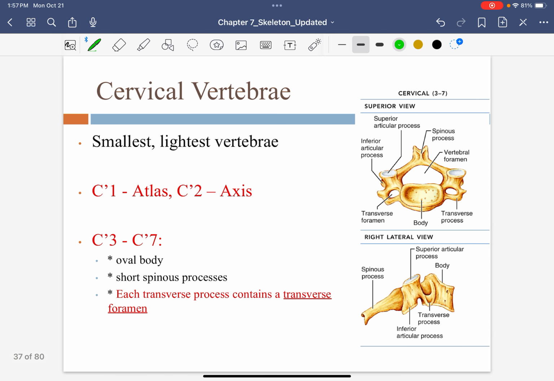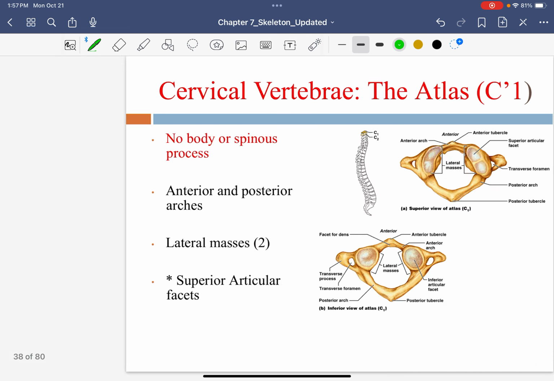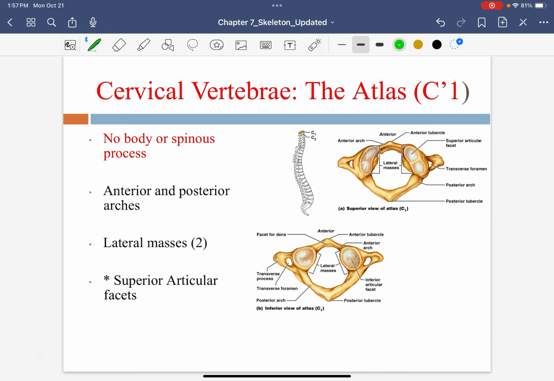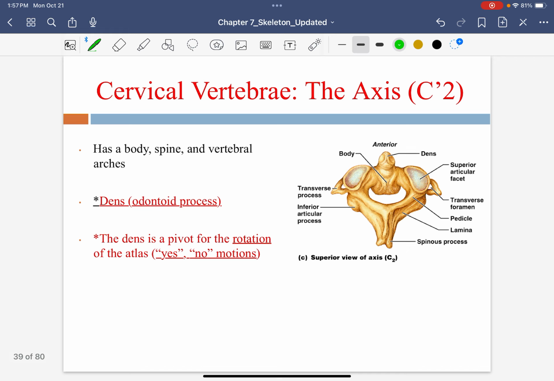All right, make sure you review that C1 is the atlas and C2 is the axis. C2 has the dens, which is the mini penis. The dens sticks up into the atlas and allows us to shake our head yes and no, particularly no. We wouldn't be able to move our neck no in that way without this arrangement.